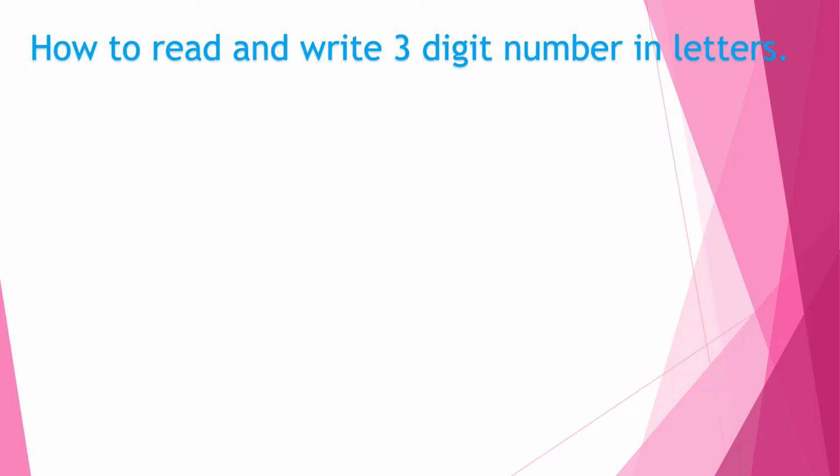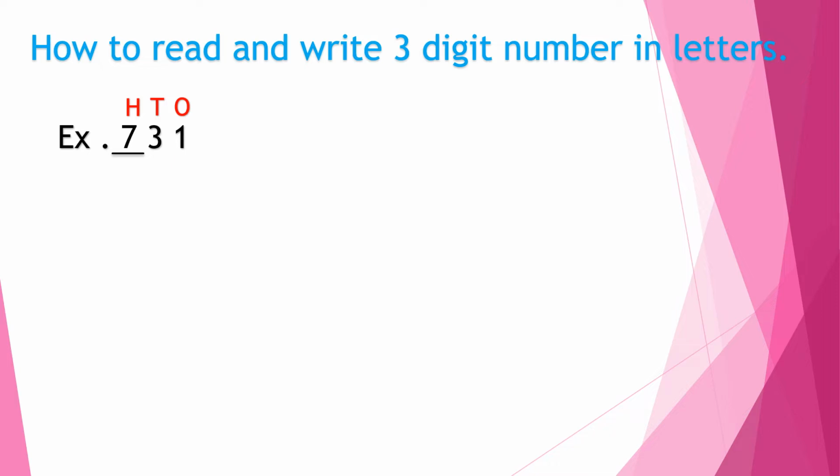Now, let's learn how to read and write a 3-digit number in letters. For example, this number: we know that the first digit is ones, the second digit is tens, and the third digit is hundreds. To read this number and write it in letters, we will start from the left. The first number from the left, I will say the number with its place.